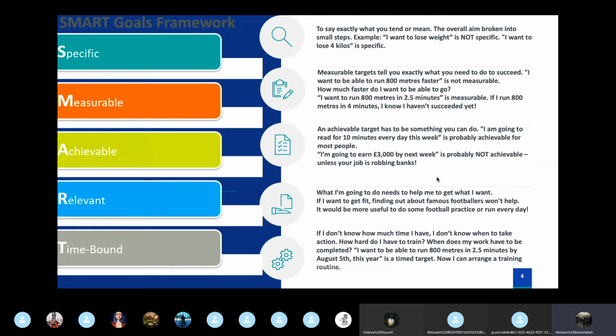And all of the four above mentioned ones are related to time. Specificity, measurement, achievability, relevancy, they are all combined or tied by one thing, which is the time. If there is not a timely manner in setting our goals and objectives, that would be a little bit hard to achieve. As you see in the example written on the page, if I don't know how much time I have, I don't know when to take action.